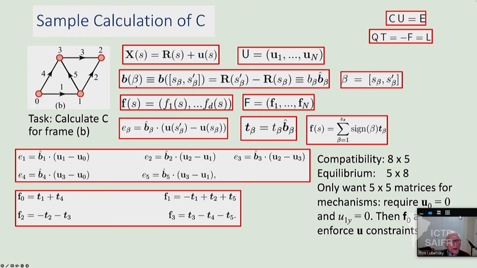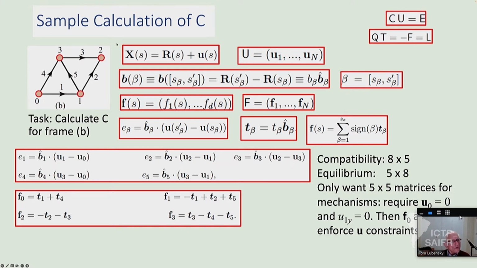Here you can write out all of the things. What is e1? e1 is the unit vector along bond 1 times u1 minus u0, and so forth for all of these. The force at 1, the force at 0 here: both of the arrows are pointing away, and so T1 plus T4 is the force on 0.